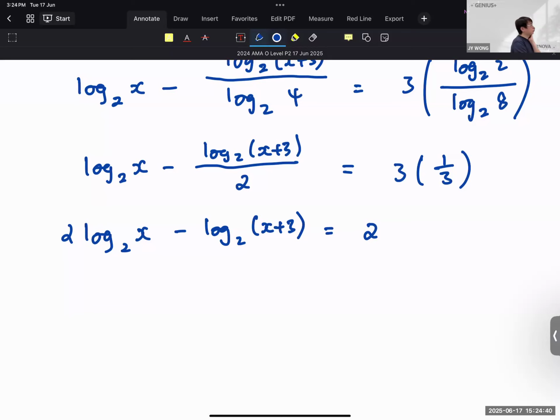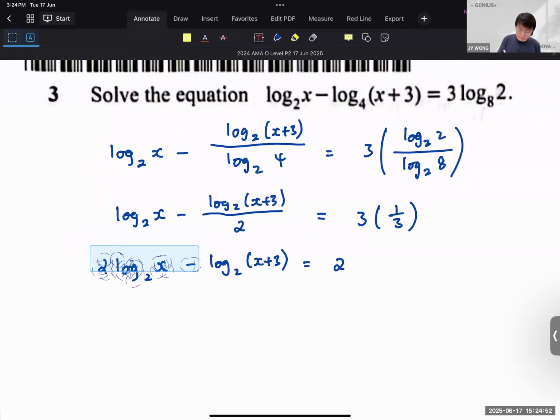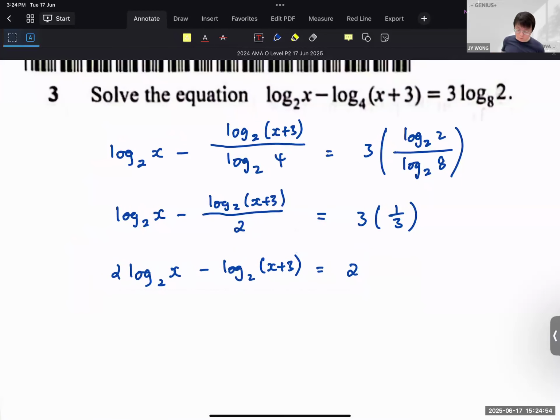From here, how will you continue? Eileen, do you get this? Or did you do it in a different way? You did it in a different way. What did you do? You made it equal to 1.